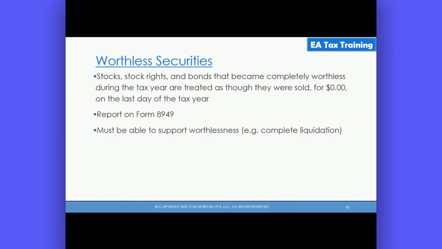So if you're trying to determine, is it long term or short term, you use the last day of the year as the day that it was quote unquote sold, even though actually it's just worthless. And you will report this on that form 8949. And you do have to be able to support the worthlessness. You can't just decide that this is worthless. You have to actually be able to prove that it is worthless.